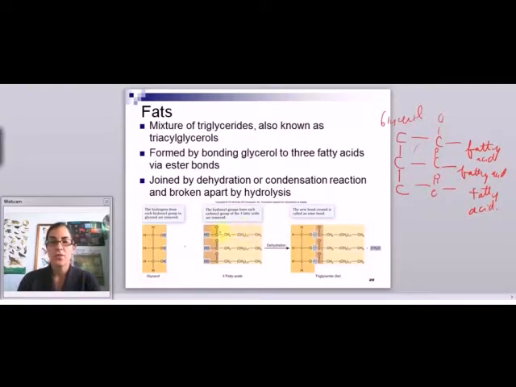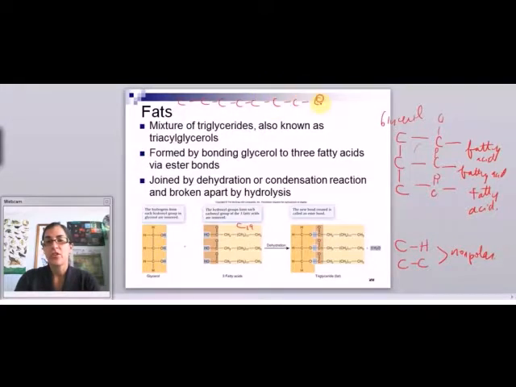Fatty acids are really just long chains of carbon. In this case, this one has 17, 18, 19 carbons. So it's just a chain of 19 carbons and hydrogens. Again, remember that's lots and lots of carbon to hydrogen bonds and carbon to carbon bonds, which are nonpolar. And this is very, very long. It's abbreviated here, but if I were to draw that out, it would be very, very long.